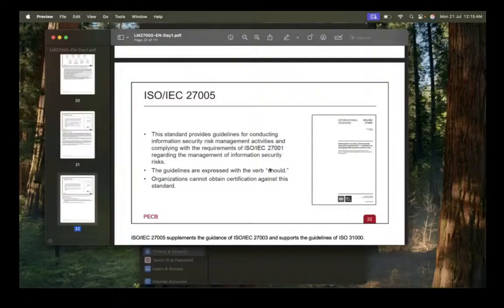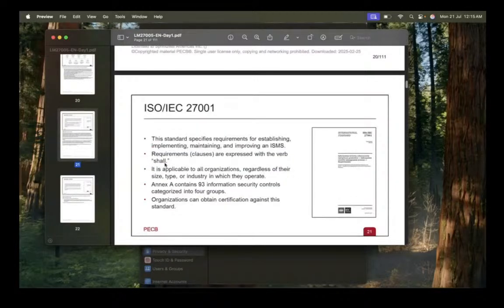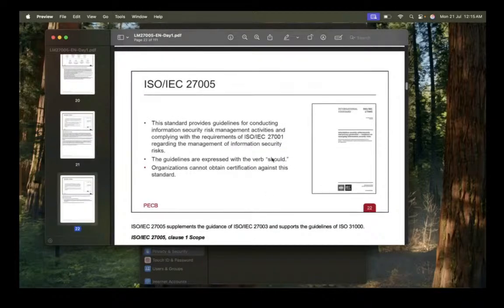Also, if you look at the differences here, in this one the guidelines are expressed with the verb should, and if you remember, we discussed that the clauses are expressed with the verb shall. So these are the little differences you can see in these two standards of the same family, but different standards at the same time.